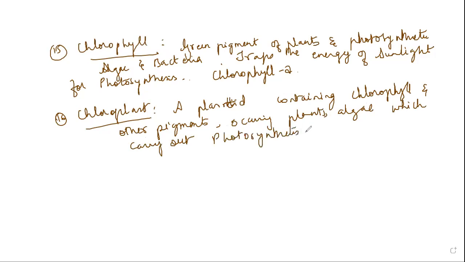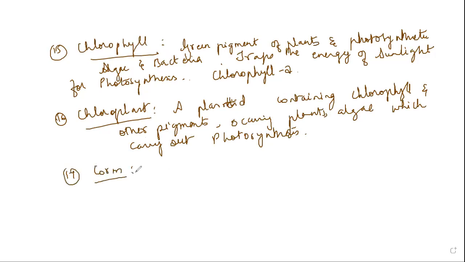I repeat again, students. Chloroplast is a plastid containing chlorophyll and other pigments occurring in plants and algae, even bacteria, which carry out photosynthesis. This is chloroplast.